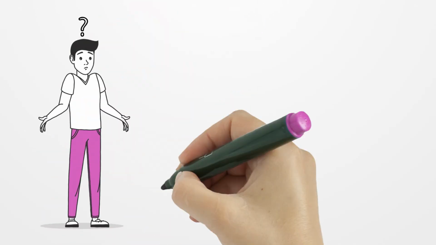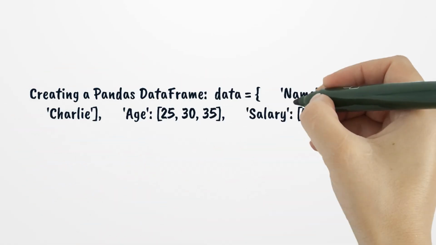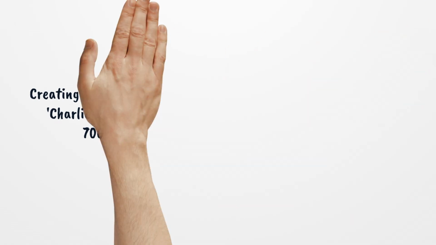What is a pandas data frame? A data frame is a two-dimensional table, rows and columns, similar to an Excel sheet or an SQL table. Creating a pandas data frame: data = name: Alice, Bob, Charlie; age: 25, 30, 35; salary: 50,000, 60,000, 70,000. df = pd.DataFrame(data), print(df).